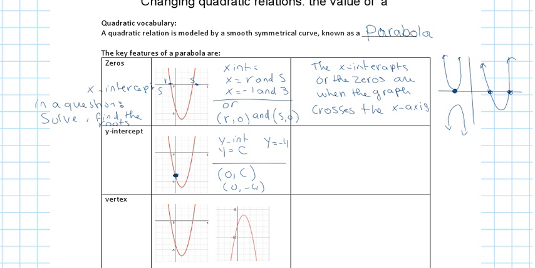So the y-intercept is where the graph intersects or crosses the y-axis.